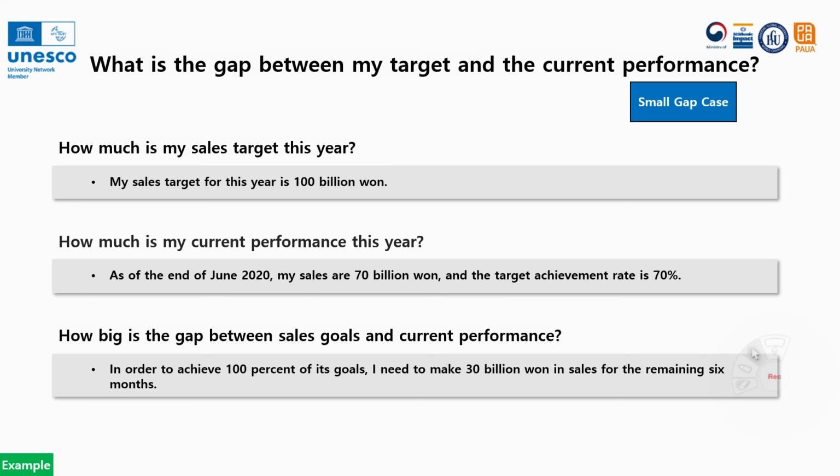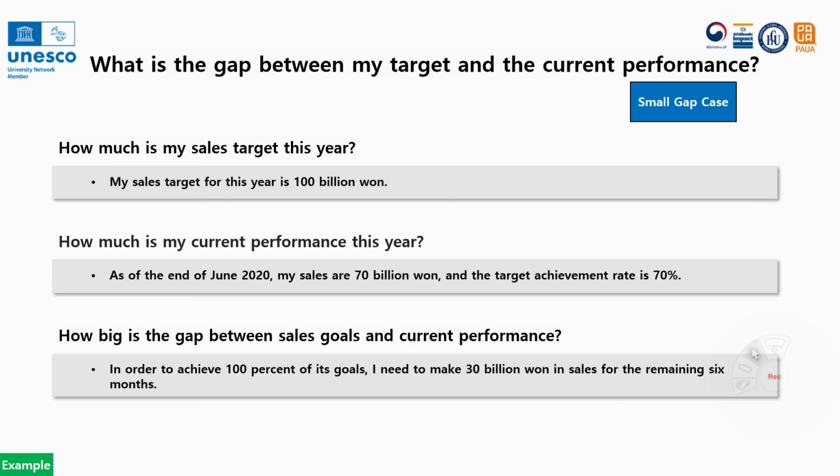So how much is the gap between sales goals and current performance? In order to achieve 100% of my goal, I need to make only 30 billion won in sales for the remaining 6 months. So I'd rather take the passive strategy or mild strategy instead of choosing the aggressive strategy.